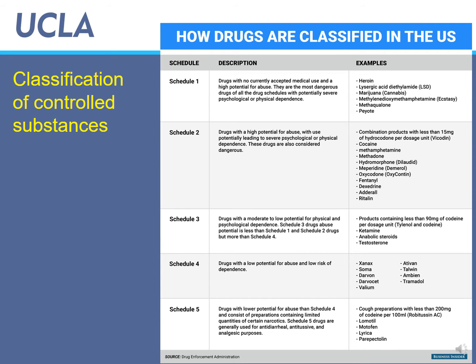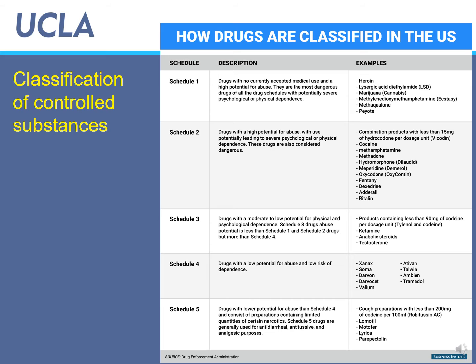So in terms of classification of controlled substances, you have Schedule 1 to 5, 1 being the drugs with the most potential for abuse. These are the most dangerous drugs of all the drug schedules, with potentially severe psychological and physical dependence. This includes heroin, marijuana, ecstasy, and other street drugs.